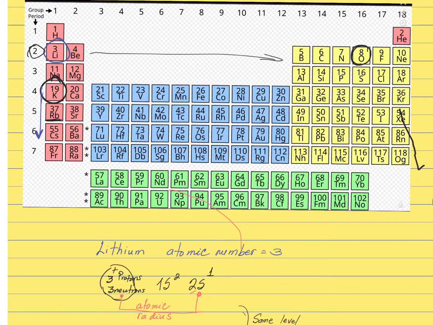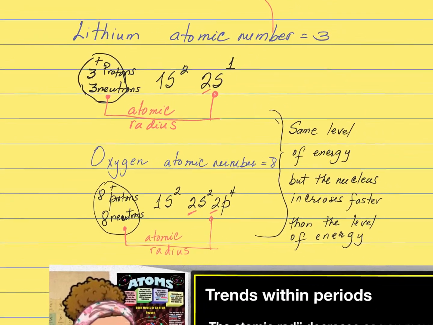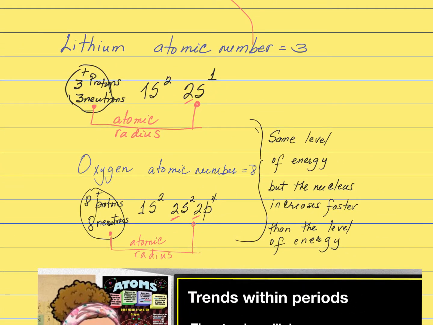When you go from left all the way to right, the atomic number is going to increase by 1. However, the nucleus is going to grow faster than the level of energy. Why? Because in addition to the one proton that increases, you have another neutron in there.